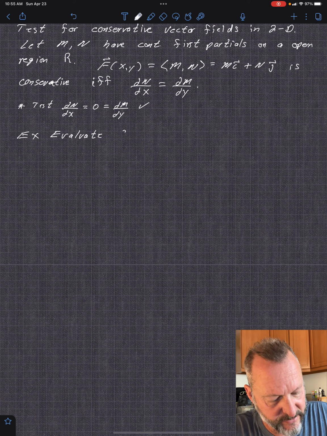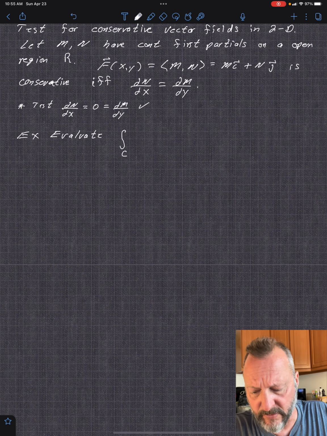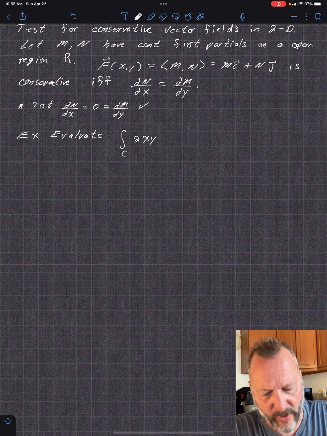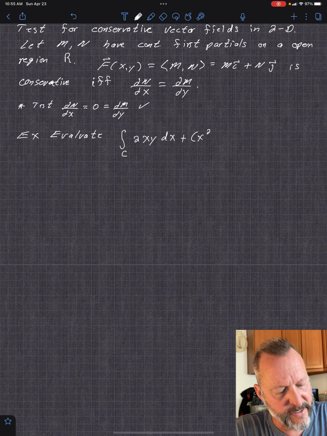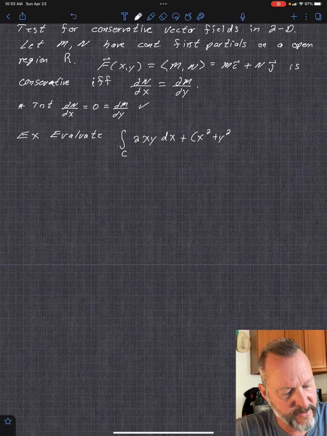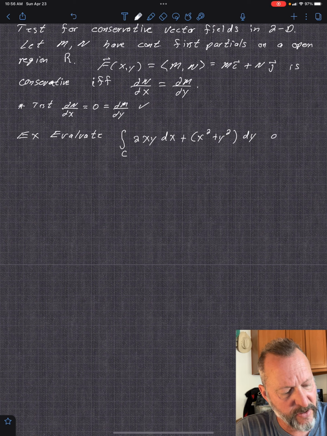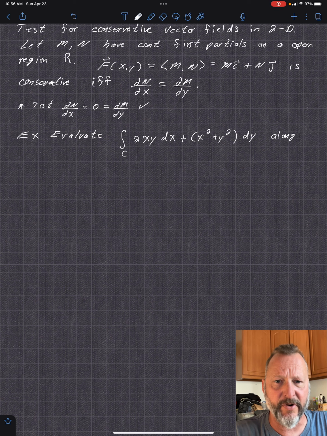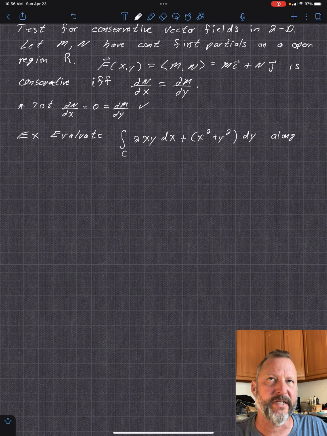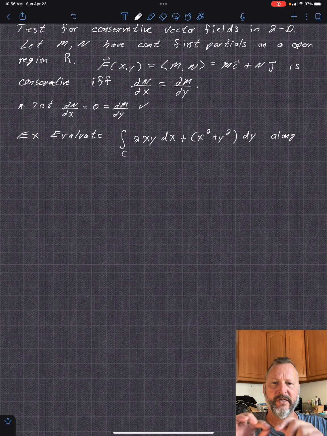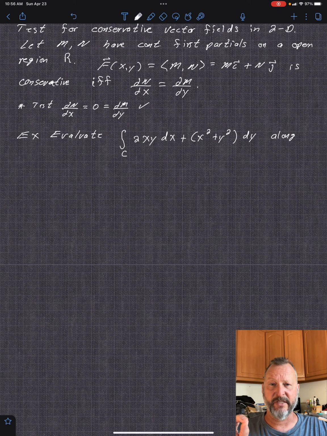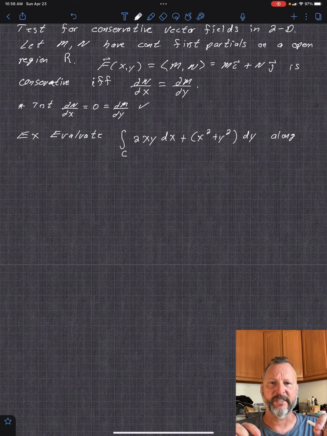So evaluate the line integral over C of 2xy dx plus x squared plus y squared dy along, now you've got to define your C. Before, when you integrated over a region in 3D, or you integrated from A to B on the x-axis, or effectively your t-axis, whatever, horizontal axis.